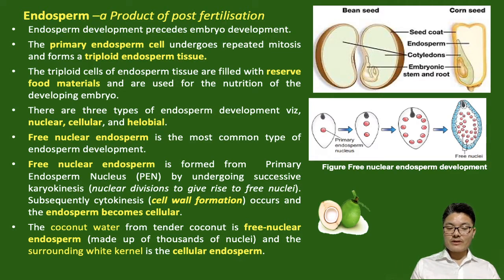And after the cellularization, after the formation of cell wall or cytokinesis around these free nuclei, there is formation of the white kernel that we eat. So the chewy white soft kernel that we eat from coconut is the cellular endosperm.